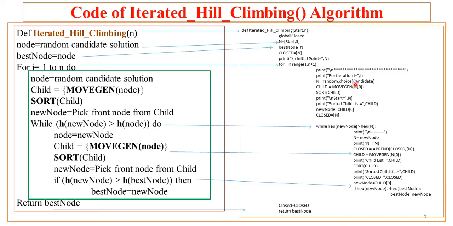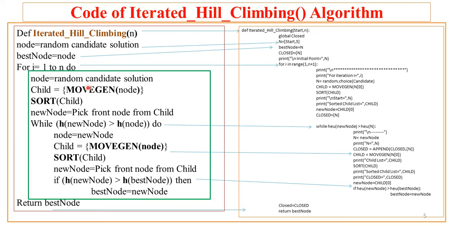We have a choice, any choice. For example, if in the candidate list there are 3 candidates like T, B and C, anything can be chosen. That is done using the random class, and from that the choice function is called, and the candidate list is given to it. So this will select a random element from the candidate list. That is done here.